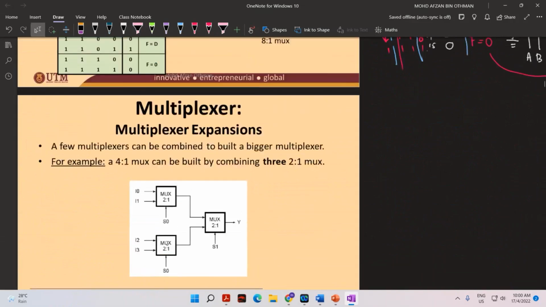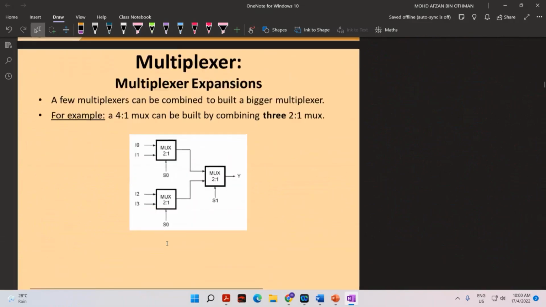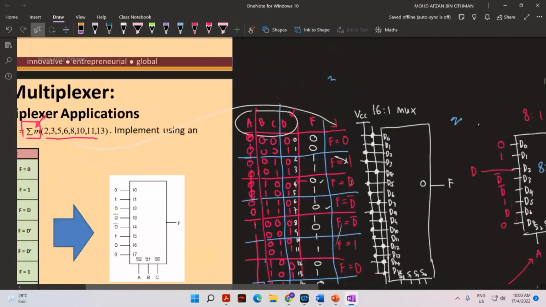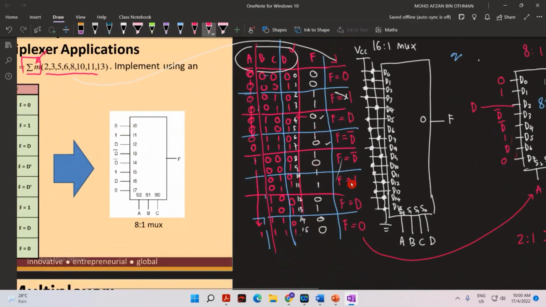Multiplexer expansion. Okay, what is a multiplexer expansion? A few multiplexers can be combined to build a bigger multiplexer. Means that contohlah, kamu ada 16 combinations of input. Supposedly you need to use a 16:1 mux, tapi in your possession you don't have a 16:1 mux.